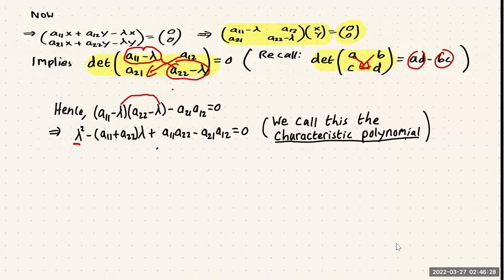Then you're going to have a11 times negative lambda and a22 times negative lambda, so you can write minus a11 plus a22 times lambda. Then plus a11 times a22 minus a12 times a21 equals 0. We call this the characteristic polynomial.